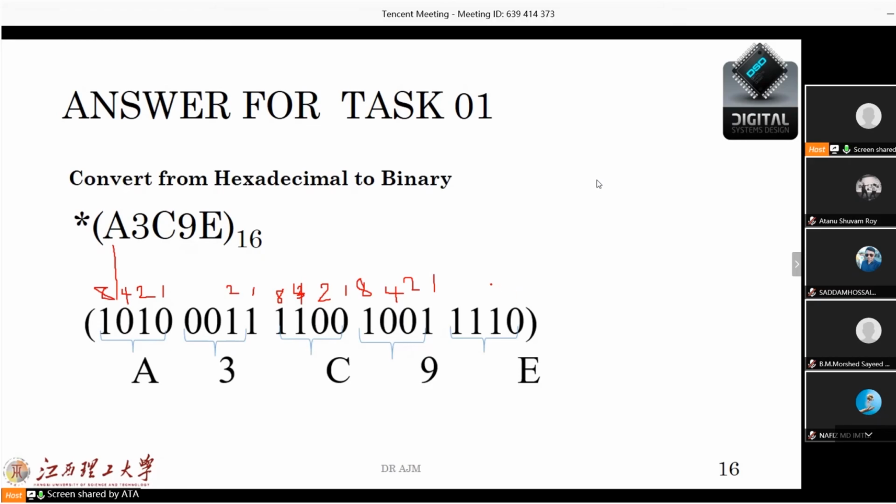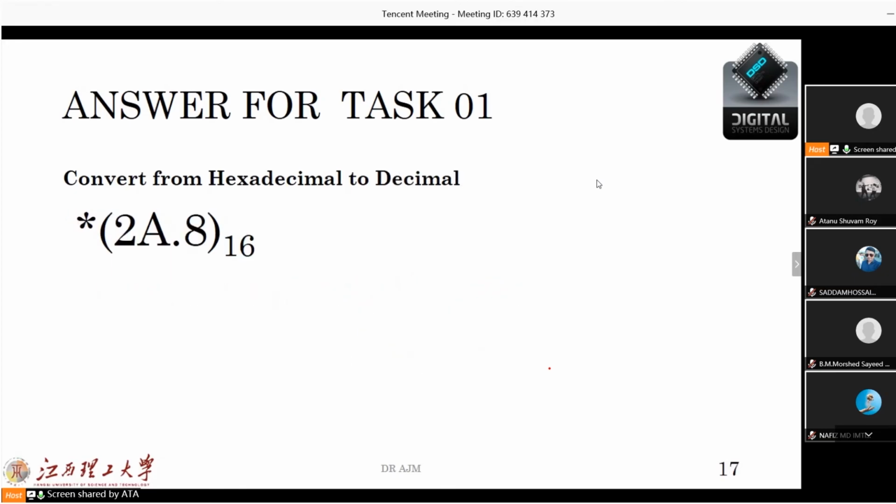And another one, 1, 2, 4, 8: 8 plus 4 is 12, 12 plus 2 is 14, which is equal to E. Then simply I can say the answer is like that.